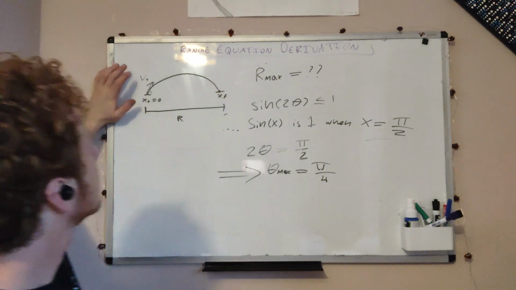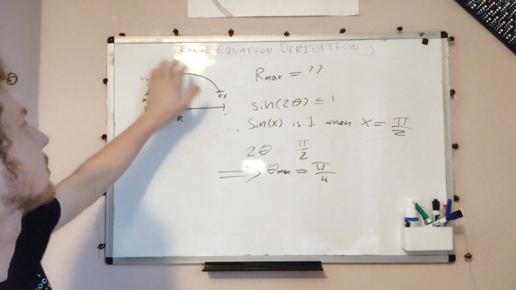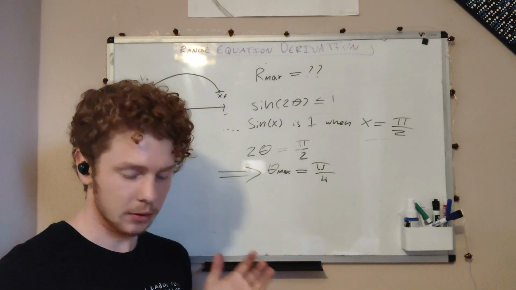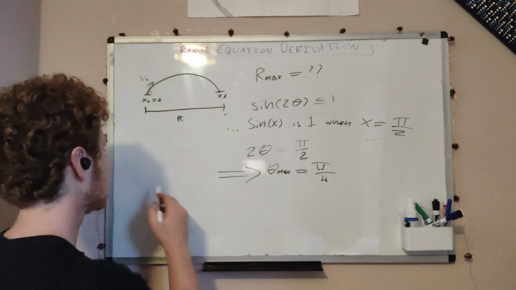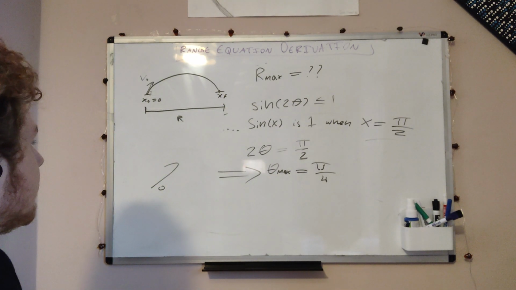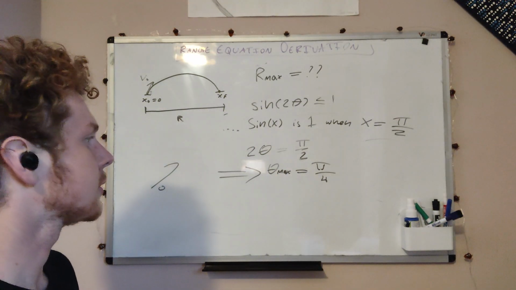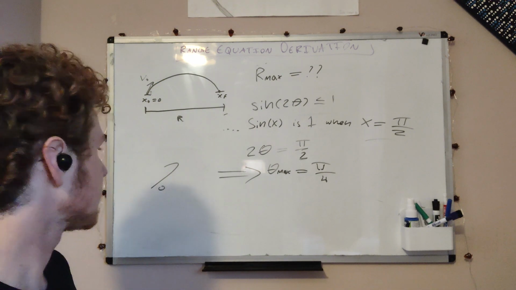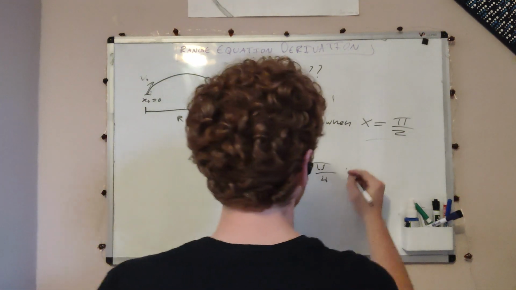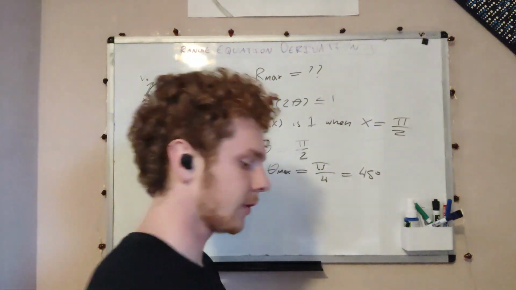So to maximize the range with the same initial velocity, in the same area, with the same gravitational constant, it's all dependent on the angle of release due to the sine function, which I think is a pretty interesting thing. And the fact that we can deduce it just from a simple sine analysis to know 45 degrees.